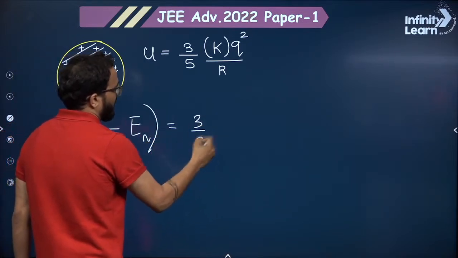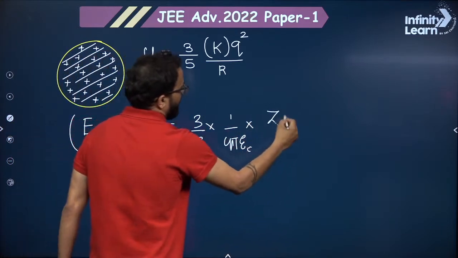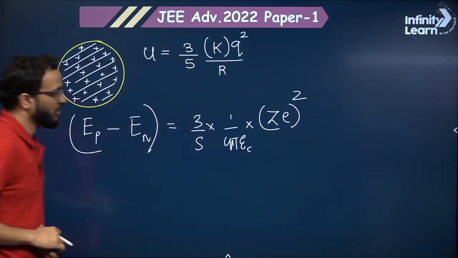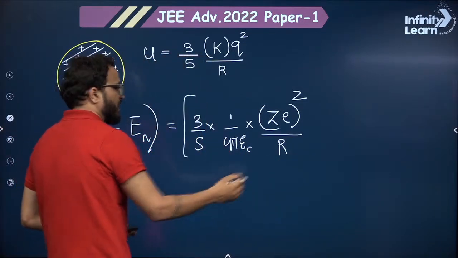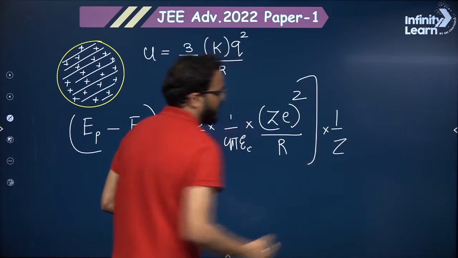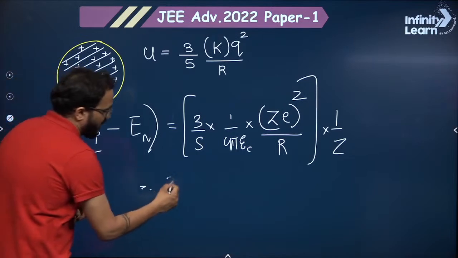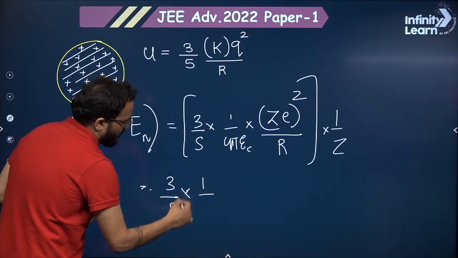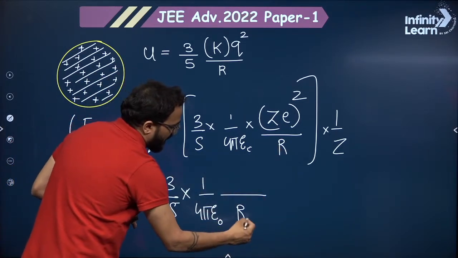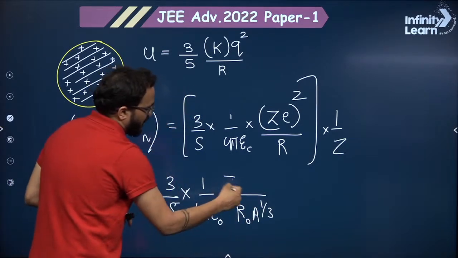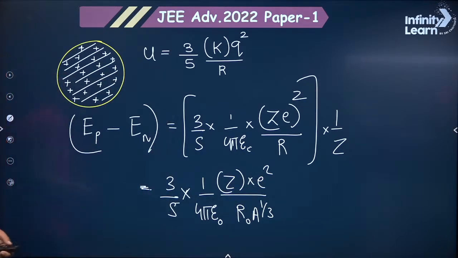This 3 by 5 into K, which is 1 by 4 pi epsilon naught, into Z E whole square, is the overall energy upon radius, but we are talking about a single proton, so 1 by Z. So the extra energy that the protons have is 3 by 5 into 1 by 4 pi epsilon naught into R naught into A to the power 1 by 3, into Z into E square. Now from here we can get the result for the first and second options.